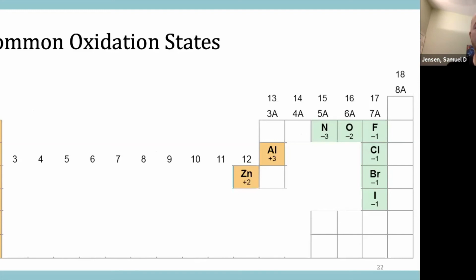The common oxidation state for the alkaline earth metals is +2. Zinc's common oxidation state is +2. Aluminum's common oxidation state is +3. Oxygen is -2. The halogens tend to be -1. That is their common oxidation states.